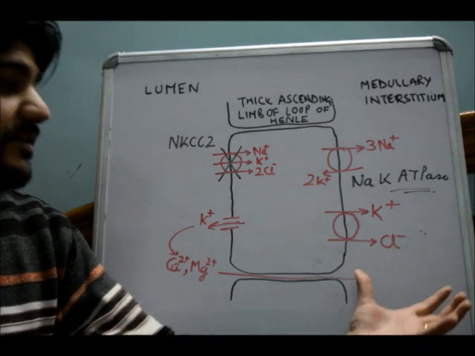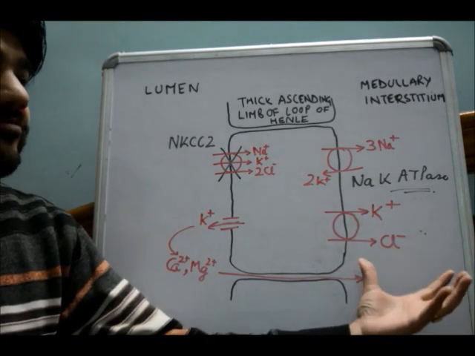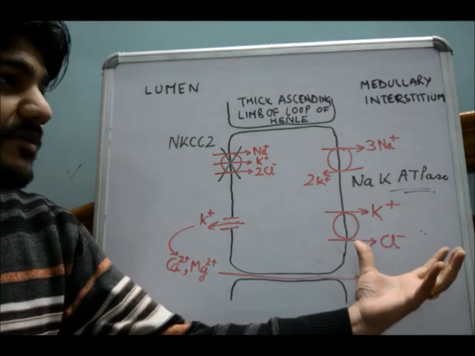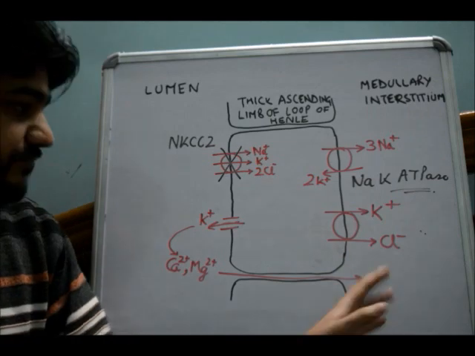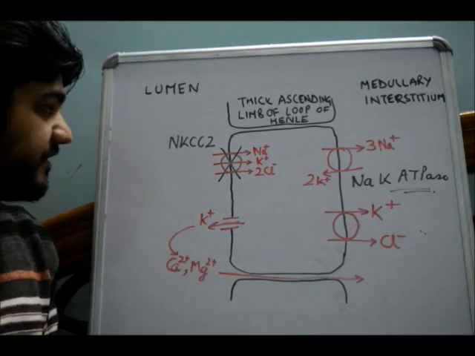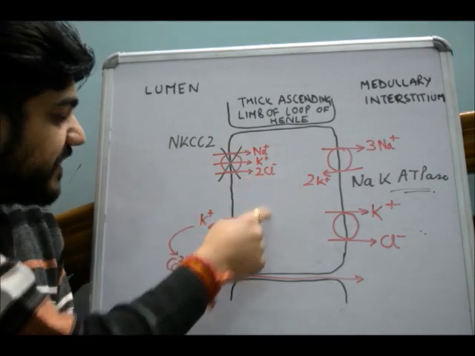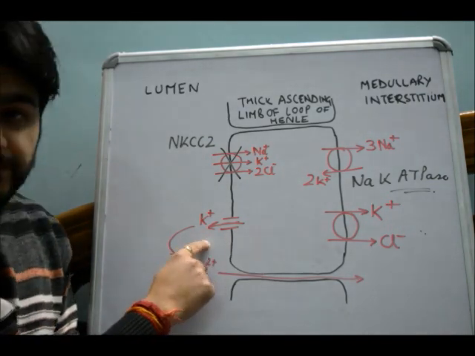So in a way, the concentrating ability of the kidneys will be reduced. So that is one thing. Another thing is, since no potassium is going inside, no potassium will come out.